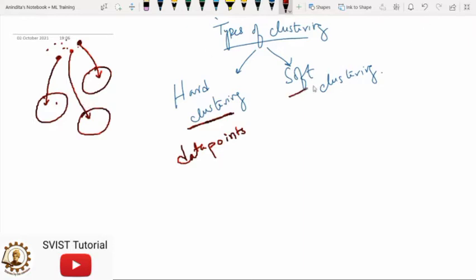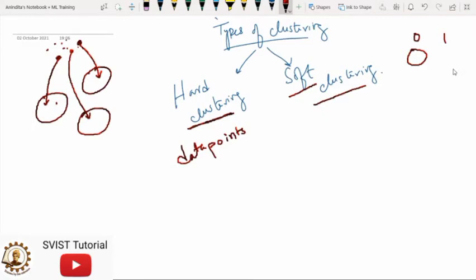But we have another technique of clustering known as soft clustering, which means a data point can belong to another group also. You can call this fuzzy clustering. In the real world it is not about 0 or 1, meaning either a data point belongs to a cluster or it does not.